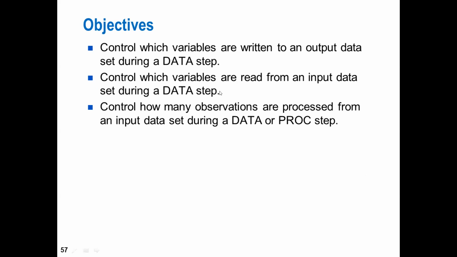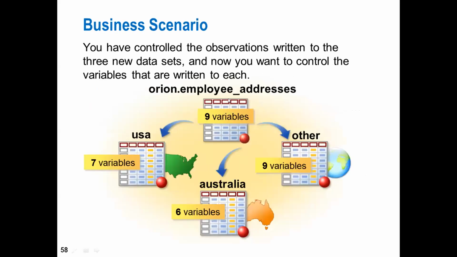So moving ahead, what they are trying to tell here is you have your input data called Orion.employee_address. Originally, this data has 9 variables. USA we want to be created with 7 variables, Australia with 6, others should have 9 variables.